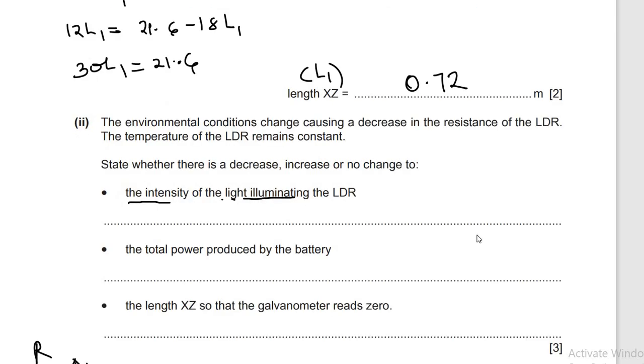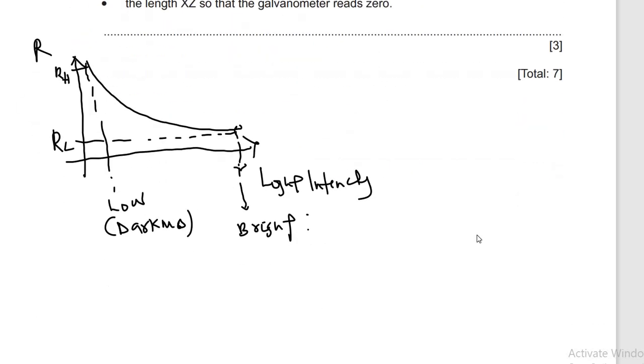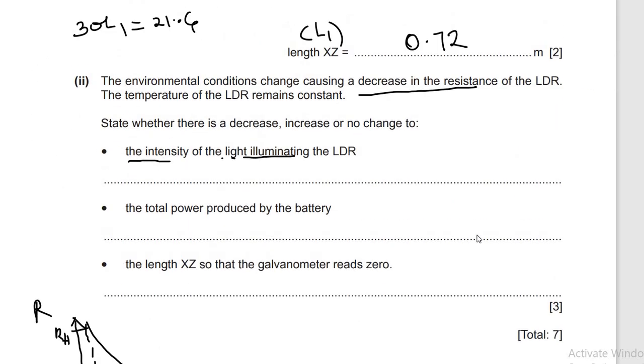So we have a decrease in resistance, and when the resistance is low or decreased, it is bright. So in this case, intensity increases.